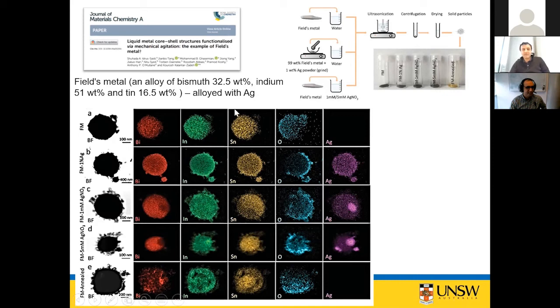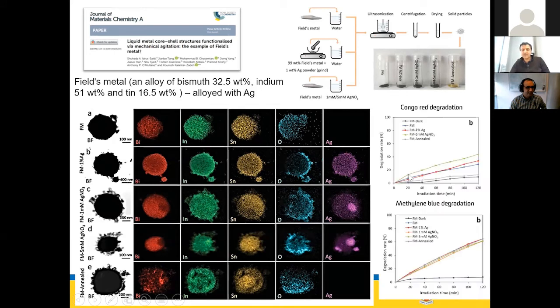Anyway, going back to this, if you add silver, if you don't add silver, you can make really interesting structures. And if we anneal them, eventually we obtain an annealed structure with different stoichiometry of this material, different combinations of this material.